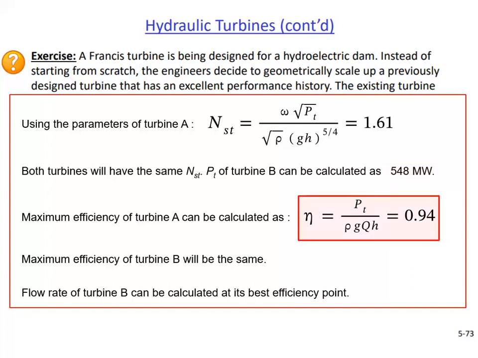Then the maximum efficiency of the first turbine can be calculated. Due to their similarity, the maximum efficiency of the second turbine can be only as much as that of the first one. And by using the previously calculated power production and efficiency values, the unknown flow rate of the second turbine can be determined.